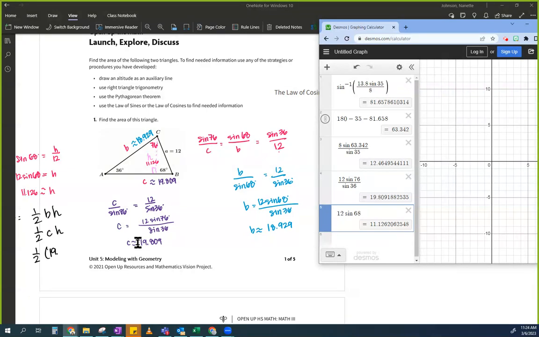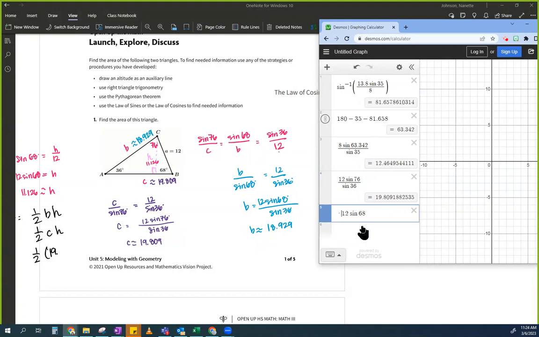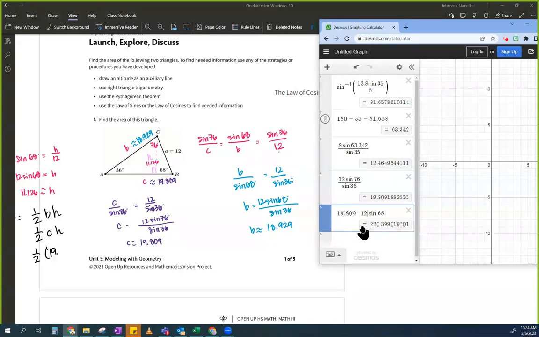And so I'm just going to plug that in here. Oh, that's 11.126. So I might as well just keep that. So there's my C. So times this by 19.809. And then this whole thing divided by 2. So there's my answer, 110.2.